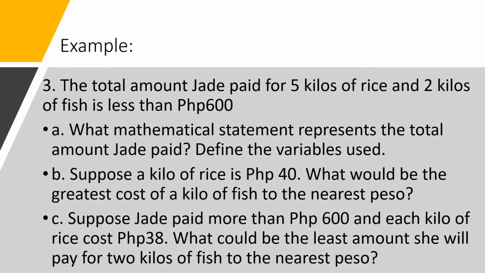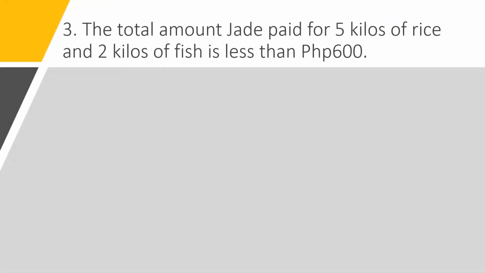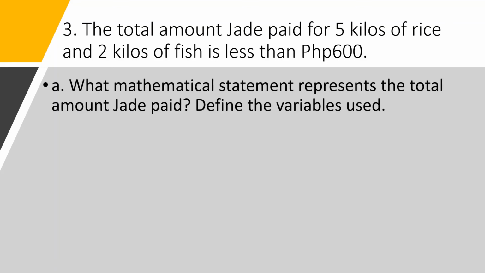Next example. The total amount Jade paid for 5 kilos of rice and 2 kilos of fish is less than 600 pesos. So let us answer the following question. So let's now answer question letter A. What mathematical statement represents the total amount Jade paid? Define the variables used.